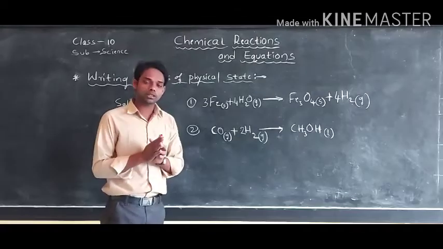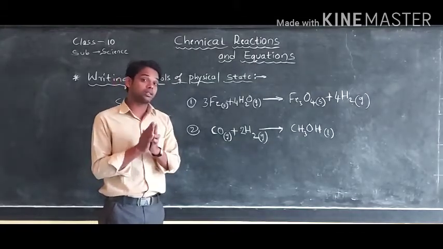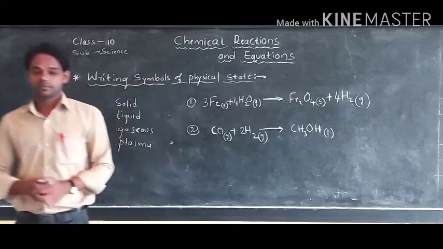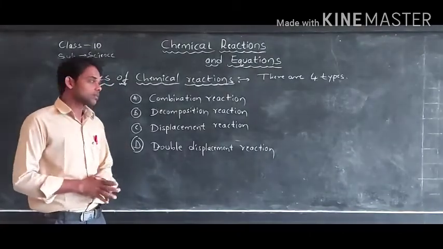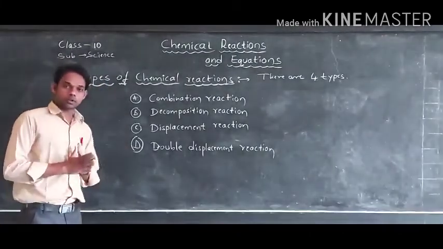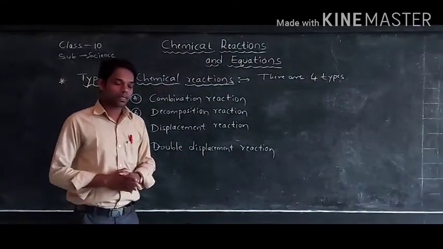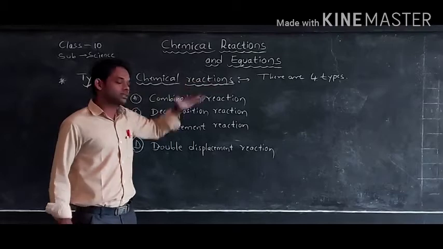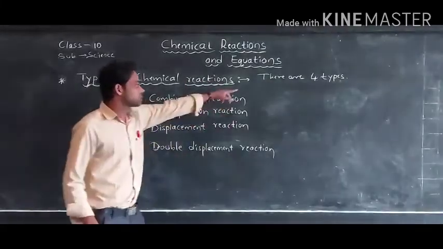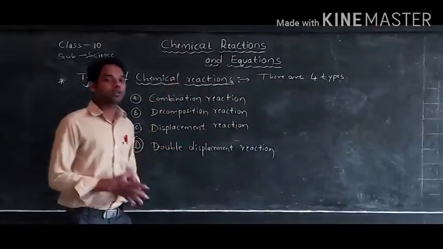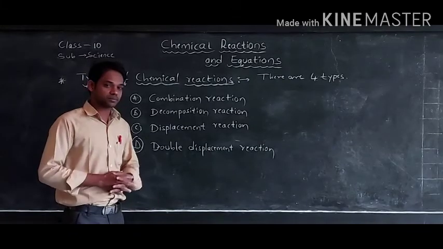Now we will study the different types of chemical reactions. Okay students, now we will study the types of chemical reactions. In that there are 4 types. How many types are there? 4 types.